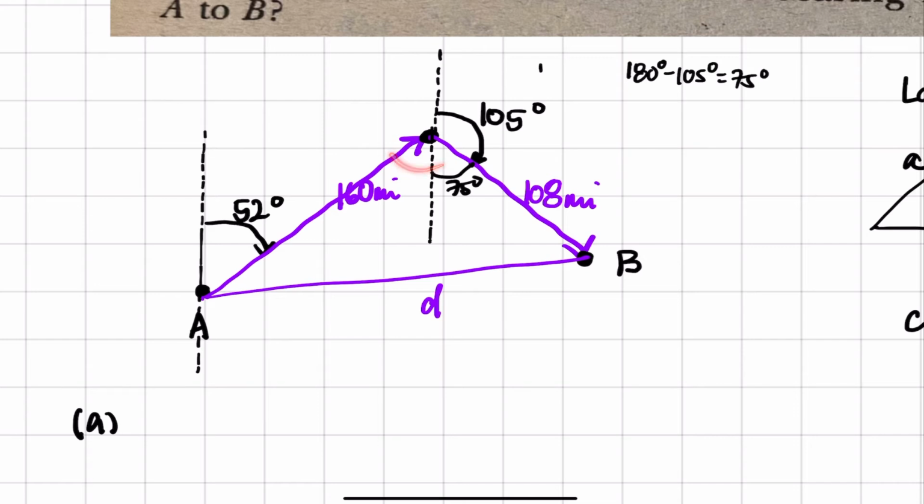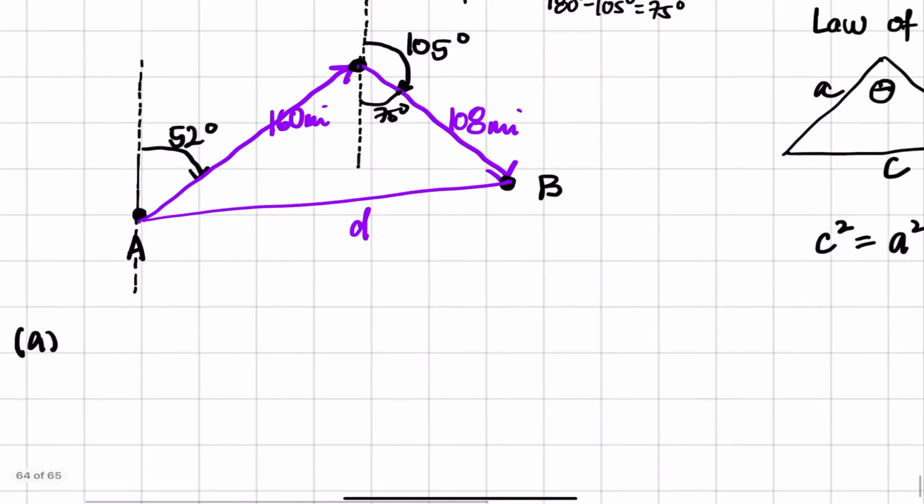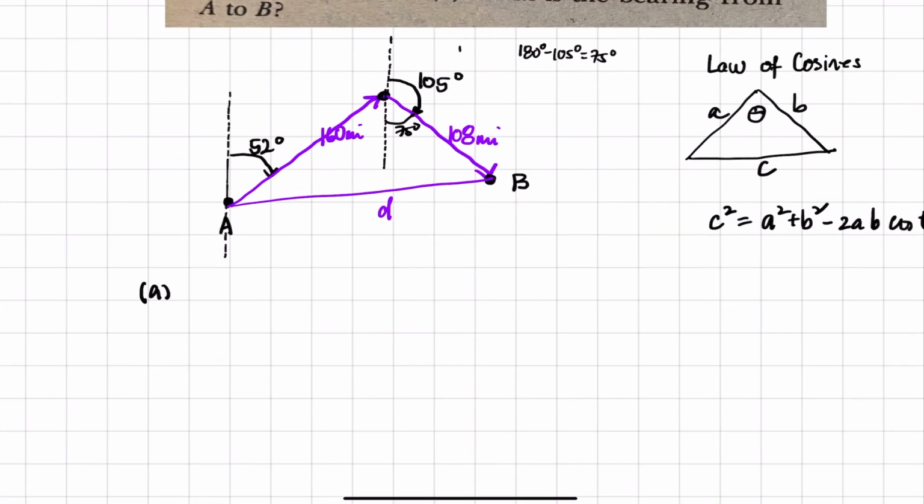Ito, paano nyo huhugutin yan? Naalala nyo pa ba sa geometry? If you have two parallel lines, tapos may transversal, kung ano yung sukat dito, sukat din dito. So, ito yung parallel lines mo. Kung ano yung sukat dito, yun din yung sukat dito.